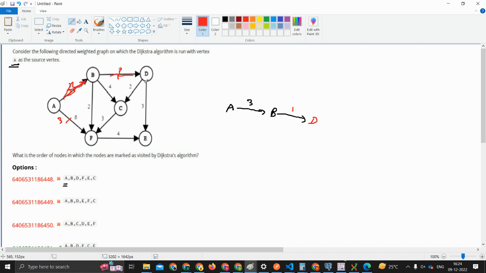So we have visited B and D. We are at D now, and E also. I think the very next one is going to be F only. No, next to 1 minute only it will visit F, basically at the fifth.